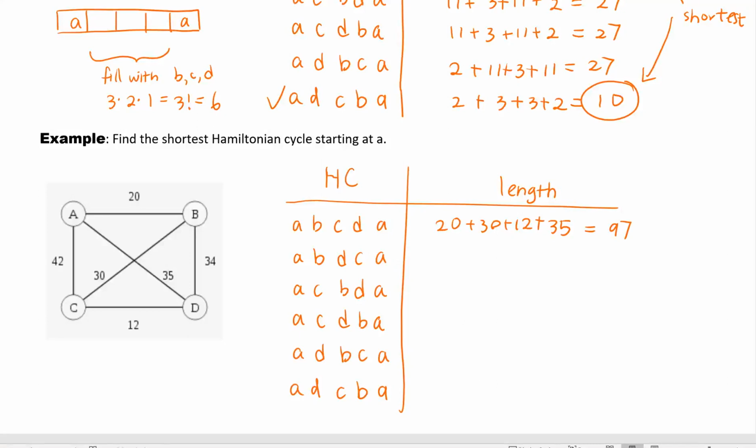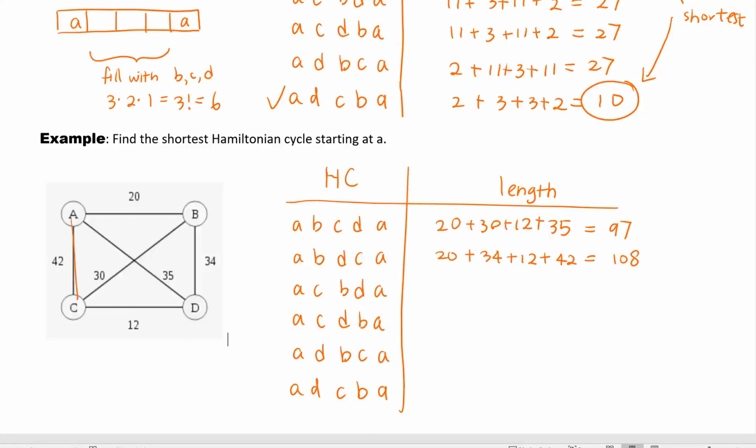Next, A, B, D, C, A. That's 20 plus 34 plus 12 plus 42. 54 plus 12, 66, 108. Right, everybody? Alright, let's continue.